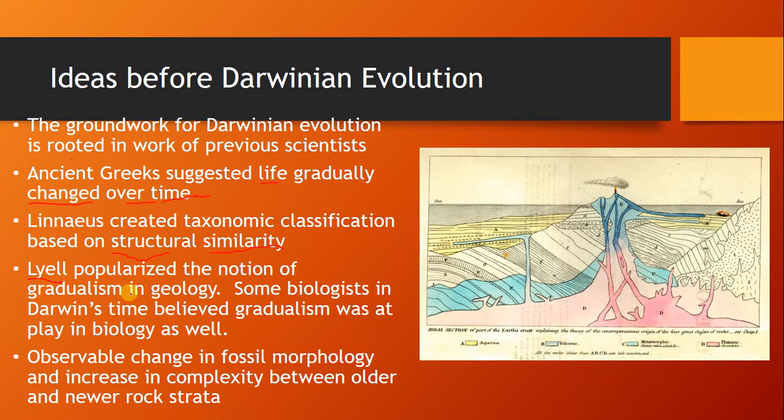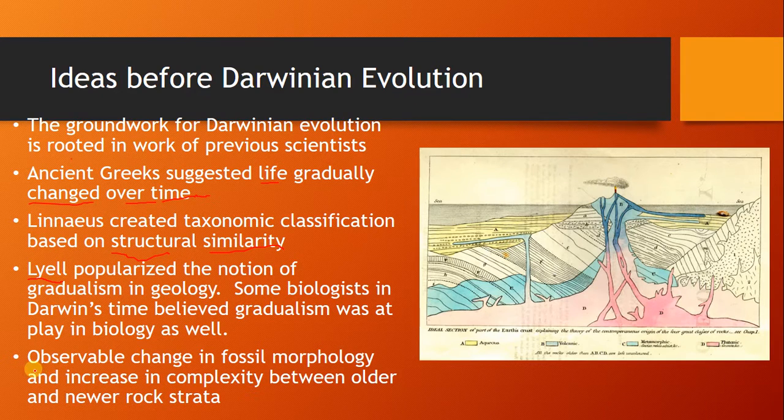So things like the Grand Canyon are gradually created by the constant churning and eroding from the Colorado River. Gradual change over time. And some biologists began to grab onto that and said, well, we think the same process of gradualism is occurring in biology.